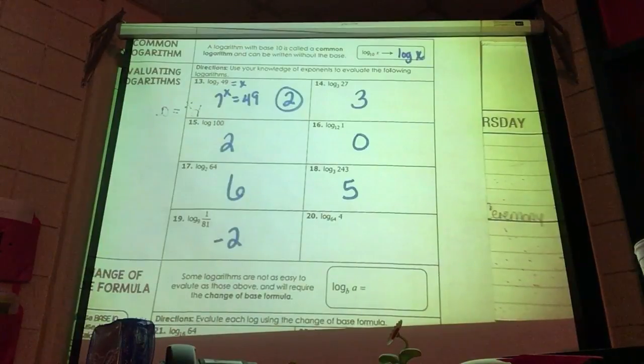This is 1/3. If you raise 64 to the 1/3 power, you get 4. Yes, you do.